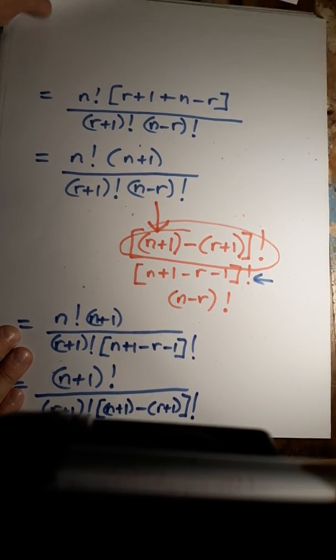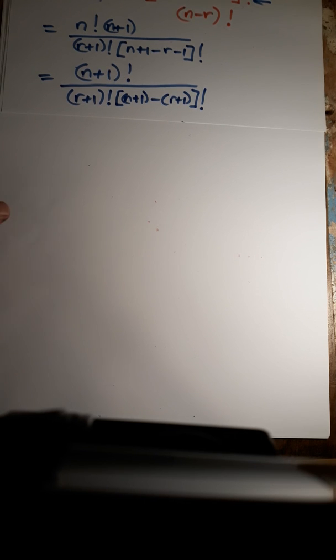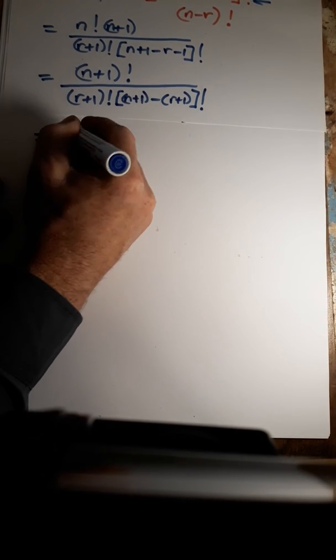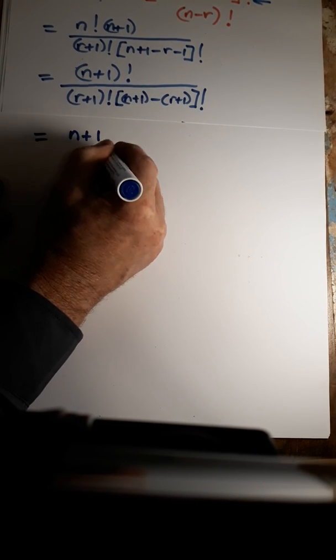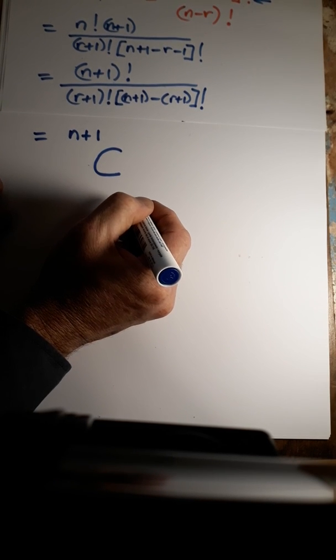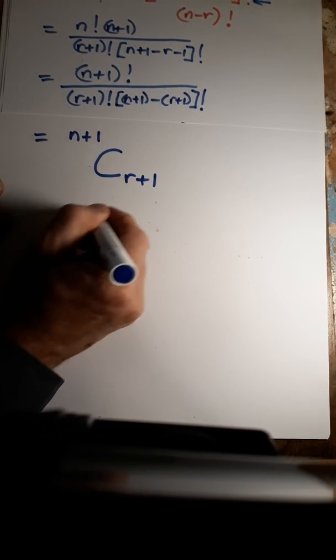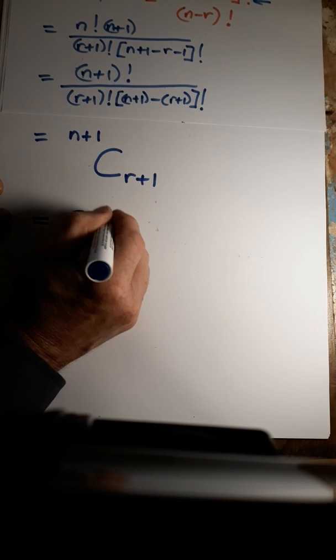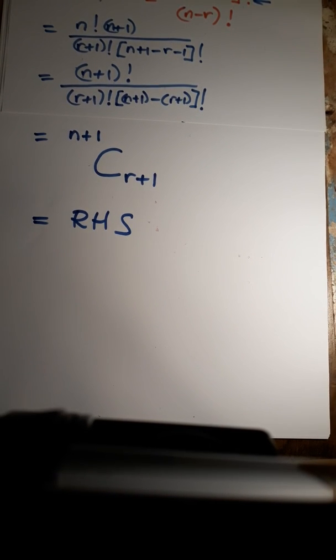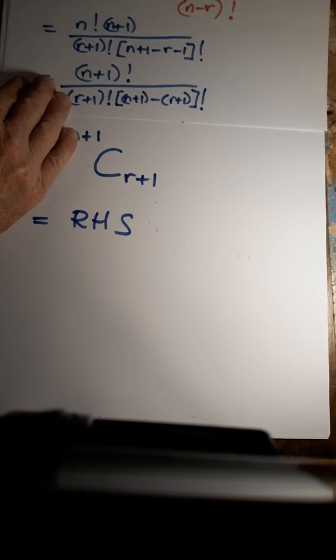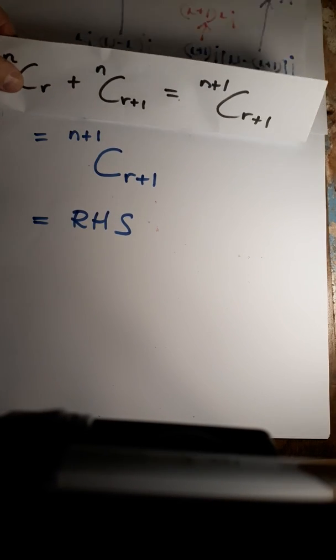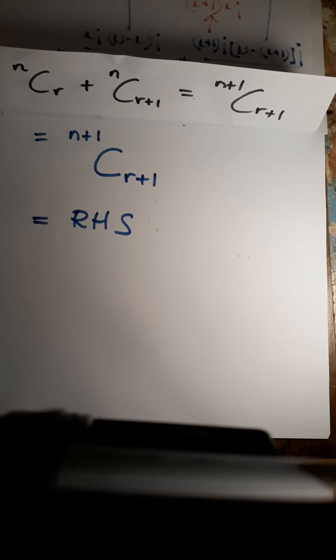Now, just need to move this up a little bit. This equals n plus 1 c r plus 1, which equals the right-hand side of what we're trying to prove. Because as you recall, what we're trying to prove had n plus 1 c r plus 1 on the right-hand side.